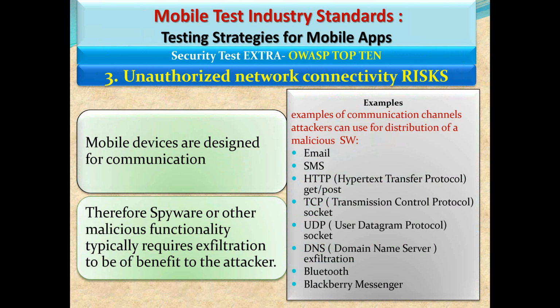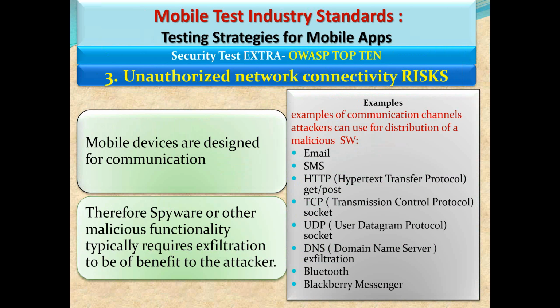Then we have number 3, which is unauthorized network connectivity. Spyware or other malicious functionality typically requires exfiltration to be of benefit to the attacker. Mobile devices are designed for communication, so there are many potential vectors that a malicious app can use to send the data to the attacker.